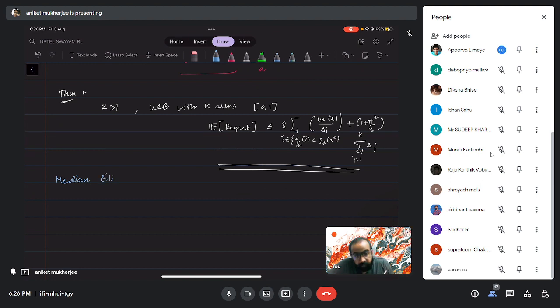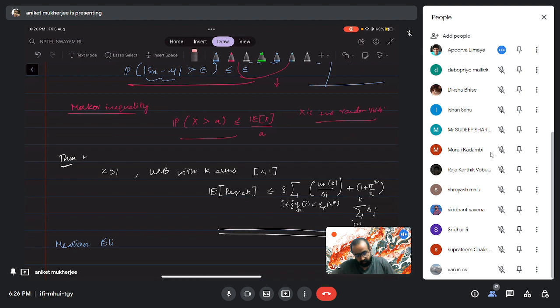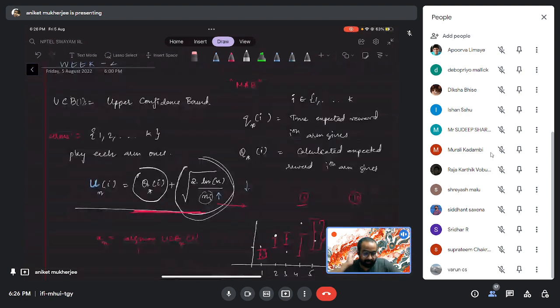I have one doubt. Could you please clear the notations once? There's a lot of confusion. Yeah, sure. In the theorem for UCB, right? In general, particularly between q. Okay, so I hope this part is clear, that the small q is always for the true expected reward that an arm i gives.